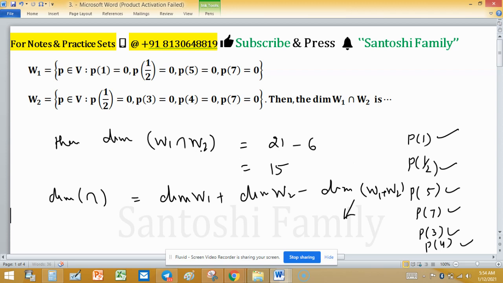Dimensions of W1 and W2 are easy to find, but some students can get confused in some of these W1 and W2. So this is the best way to find the dimension of the intersection.